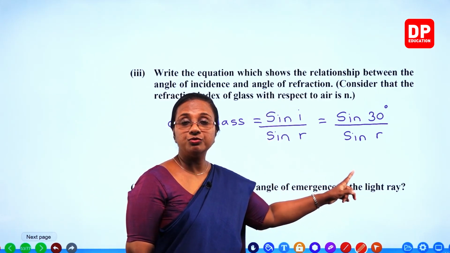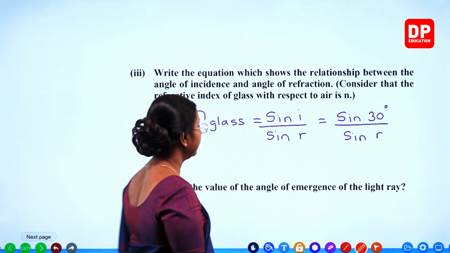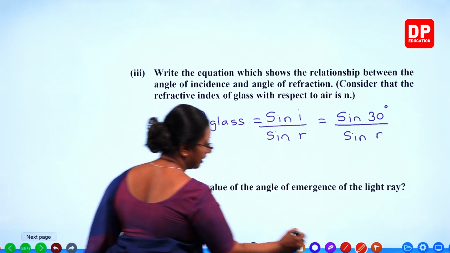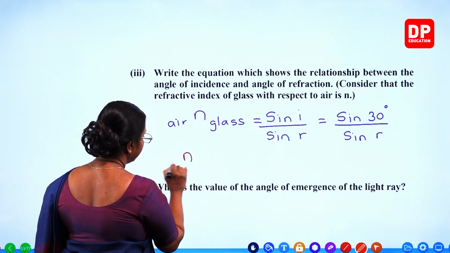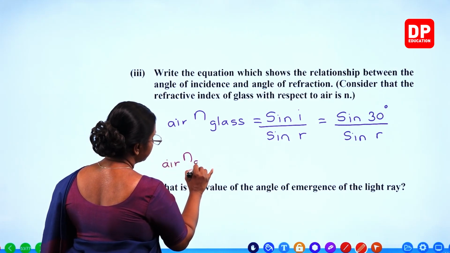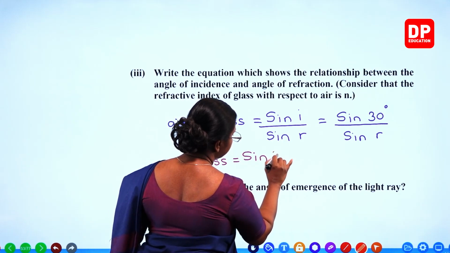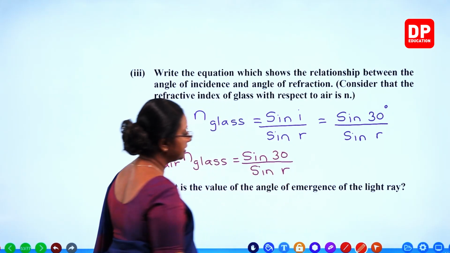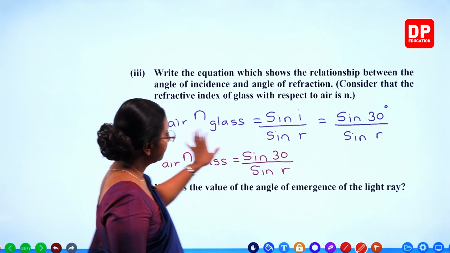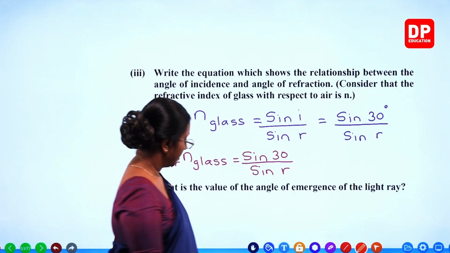Here I have shown you the explanation. You can leave this and directly write the answer this way: N air to glass equals sin 30 divided by sin R. That is the answer. Here I have shown you how we get it. Is that clear, students?